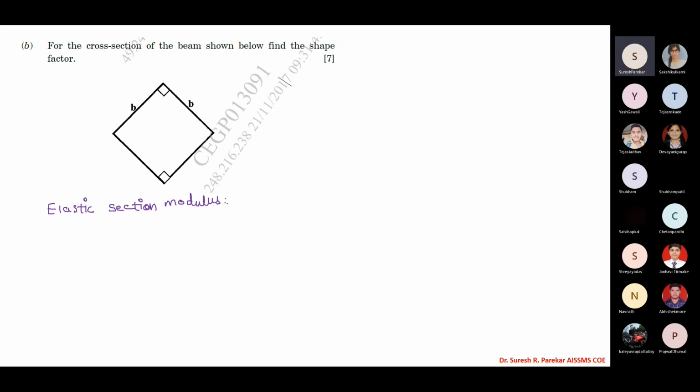So we have these as two triangles, again symmetrical.